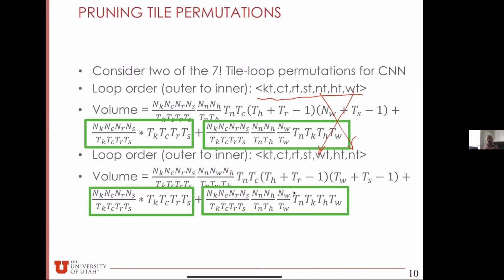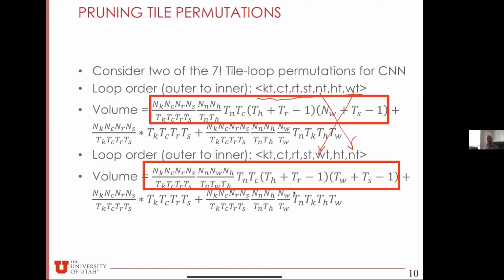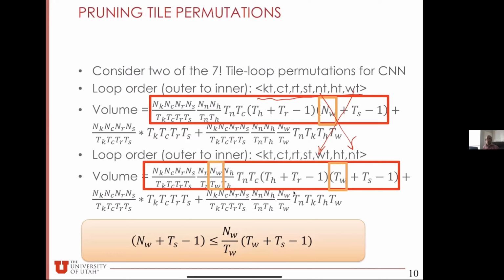So of the three summed terms, the one that differs is the one that is highlighted now. If we focus on this, we see that it differs because of some subterms, and we can show through a simple identity that one of them is always going to be less than or equal to the other. And therefore, this is the fundamental basis for pruning away a large number of these cases.